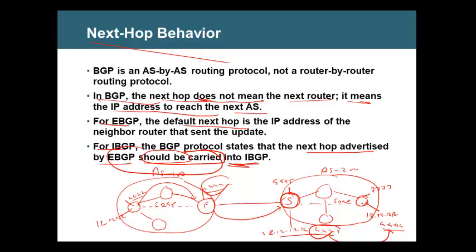If K does not know this next hop, how can it confidently use this? Kodamangalam is in Ernakulam district. If I don't know that Kodamangalam is in Ernakulam district, how can I go to Kodamangalam?